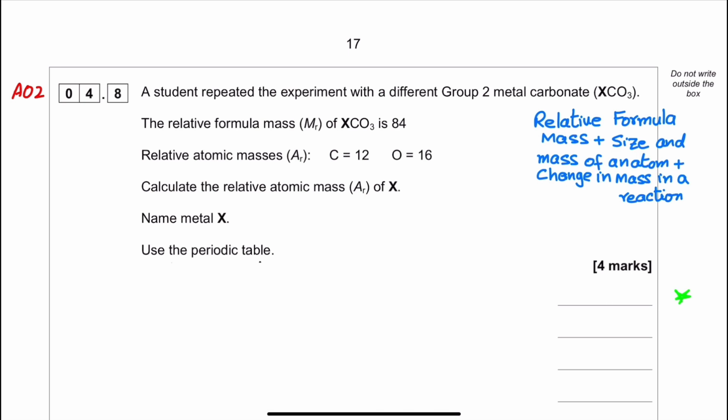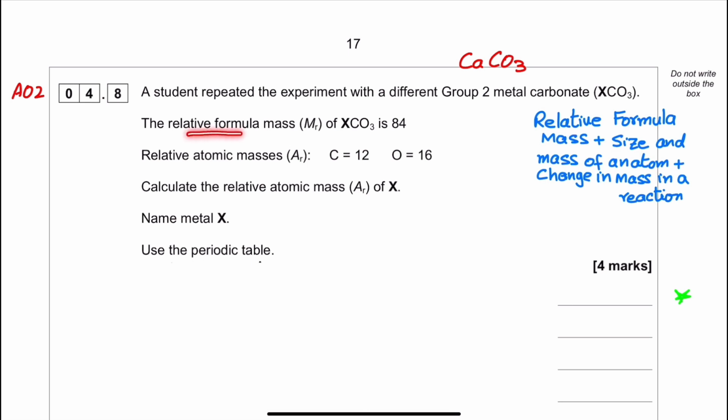We know that this question started with calcium carbonate. In this question, instead of calcium, the examiner changed the experiment and used another group 2 metal which is unknown. So the examiner changed calcium with an element X from group 2.